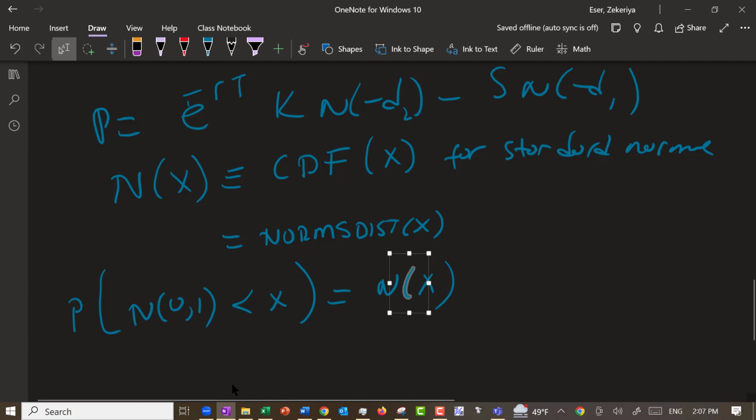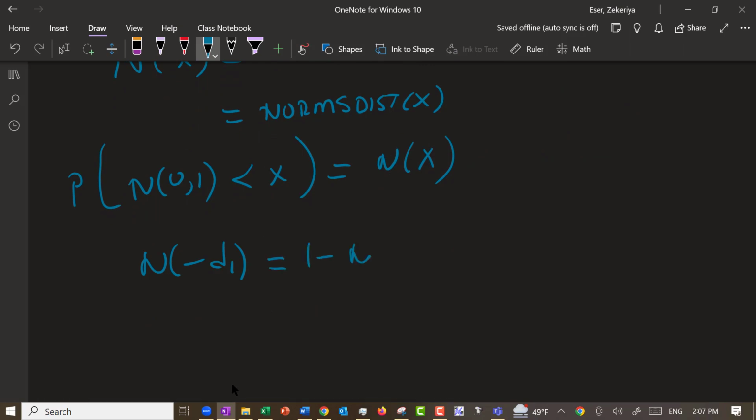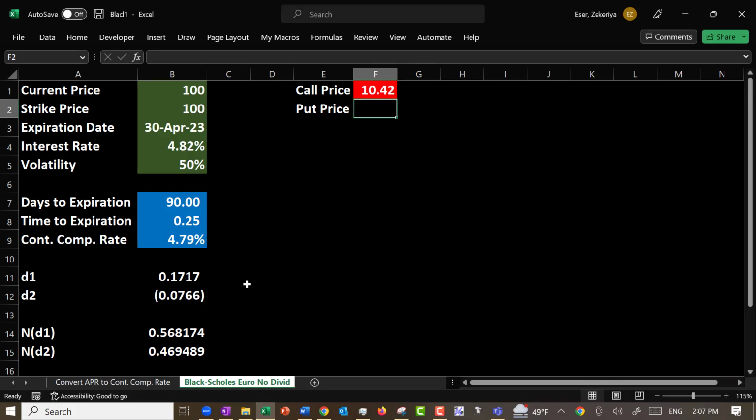One thing about the normal distribution, N of negative D1 is equal to 1 minus N of D1. And I'll show you the case anyway. For example, as you can see, it's identical.